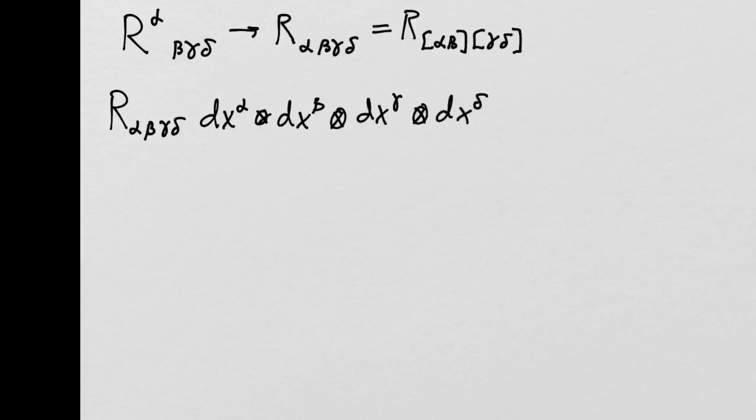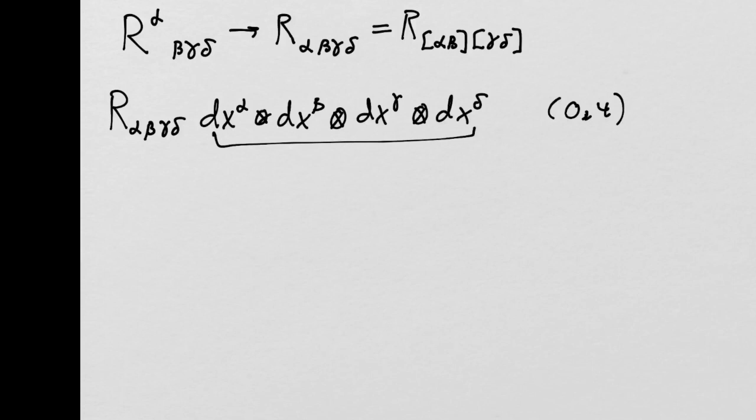This is the full expression of the Riemann tensor, the fully covariant component. They would call this the fully covariant form of the Riemann tensor, but it's really the fully covariant form of the Riemann tensor components. And then this is the basis for the 0, 4 tensor product space. That's what this is.